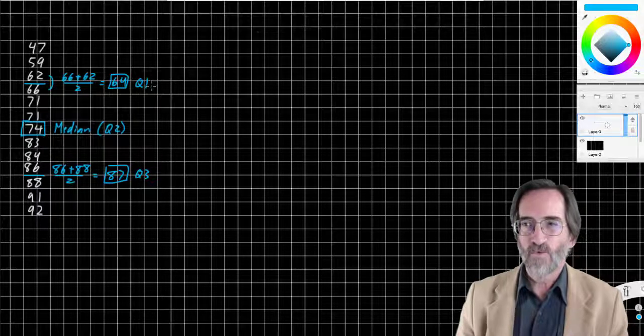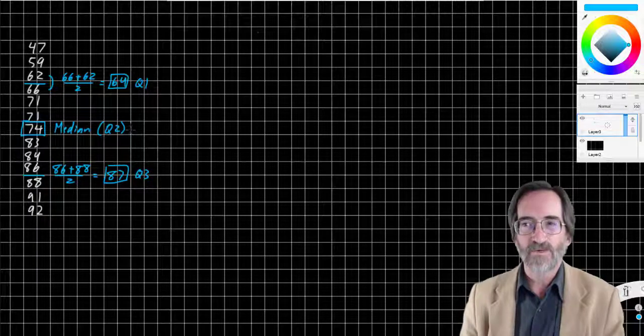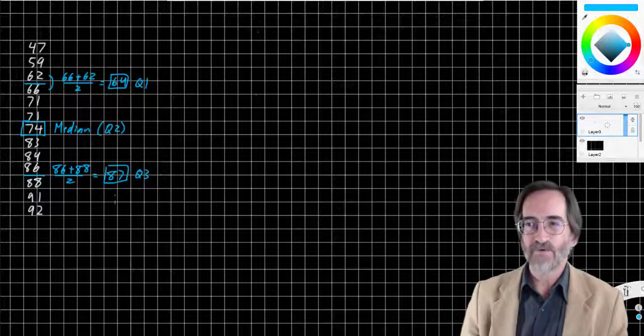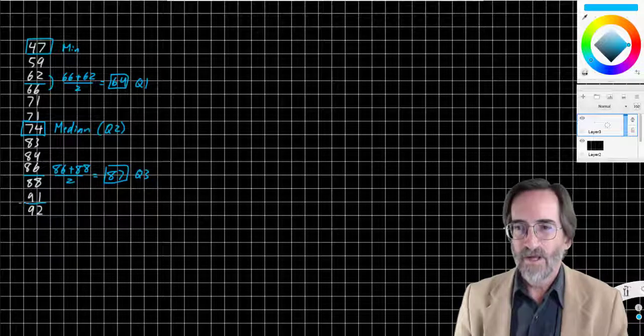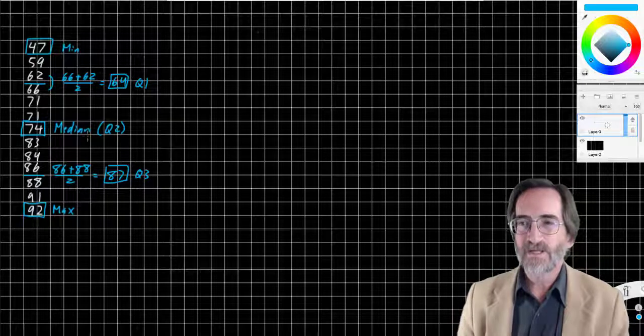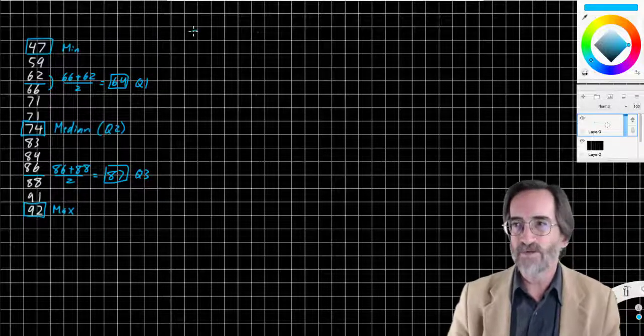Quartile 1 is the 25th percentile, quartile 2 is the 50th percentile, and quartile 3 is the 75th percentile. Then we also need to note the minimum and the maximum. These numbers taken together, the min, quartile 1, the median, quartile 3, and the max, are called the 5-number summary.